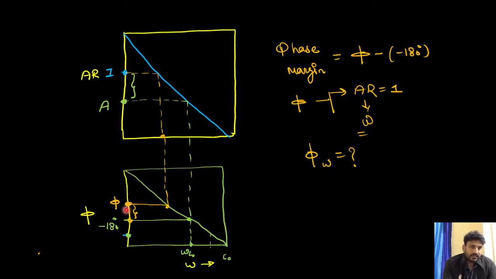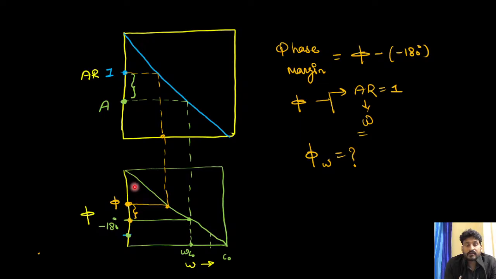You have a transfer function and you are able to calculate the overall AR and phi for that transfer function. Two things should be clear in your mind: put AR equal to 1, and at AR equal to 1, calculate the value of phi.